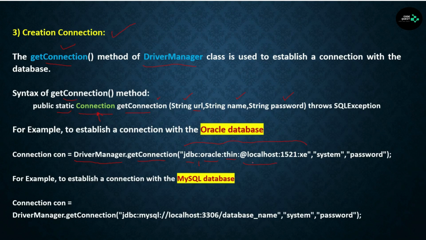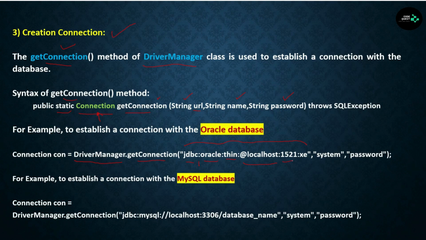Then @localhost, which means your Oracle might be installed on the same machine where you are working. If it is the same machine where Oracle is available, I will write localhost here. But if my Oracle is present on a different machine connected through a network, then I have to mention the IP address of the machine where Oracle is installed.